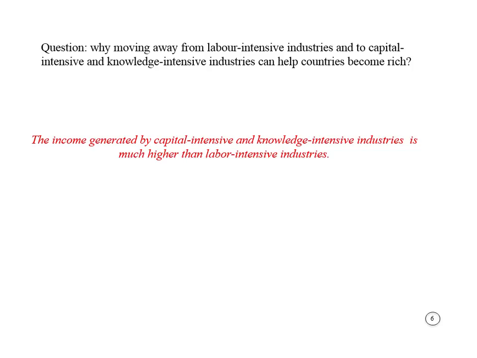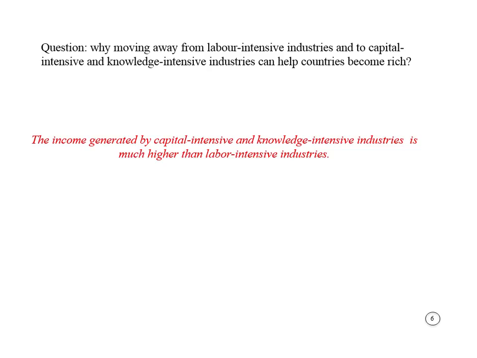High value added industries. The income generated by capital intensive and knowledge intensive industries is much higher than labor intensive industries. The income generated by labor intensive industries is much higher than agriculture and raw materials. That's simple.